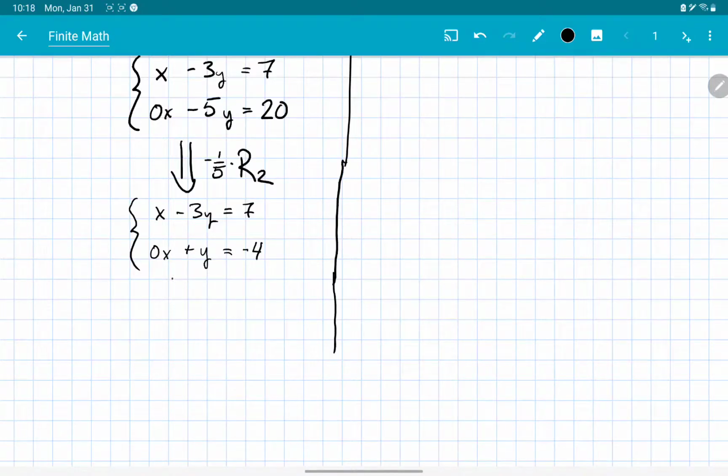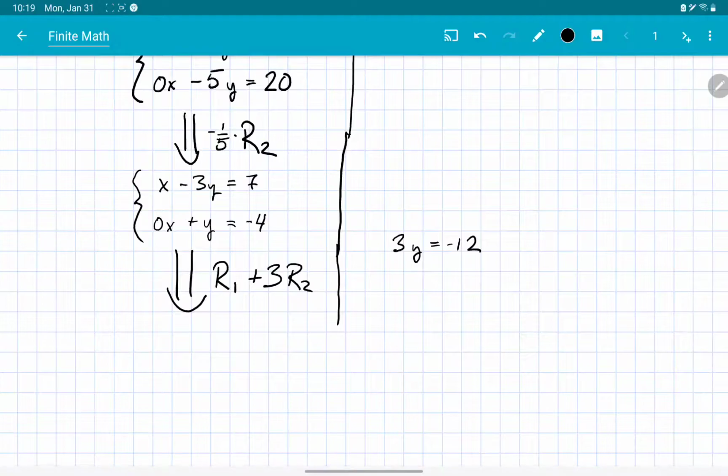So here I'm going to do the move where I take the first row, the first equation, and I add 3 times the second one. On my work over here in my margin, I'm going to multiply 3 times the second equation, so I have it written down and I don't get confused. So 3 times the second equation is 3y equals negative 12.